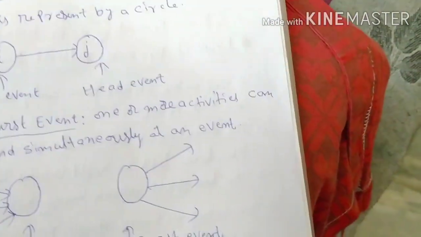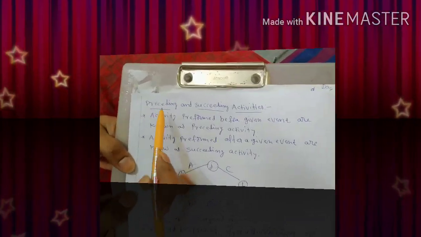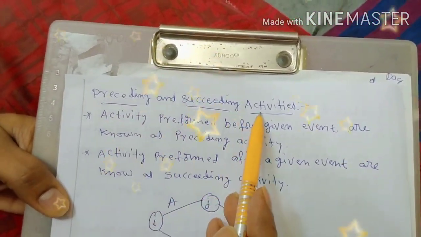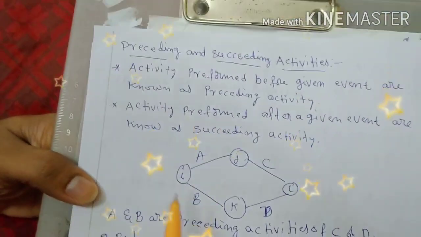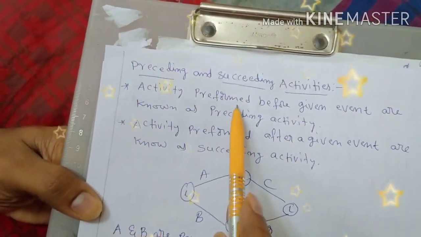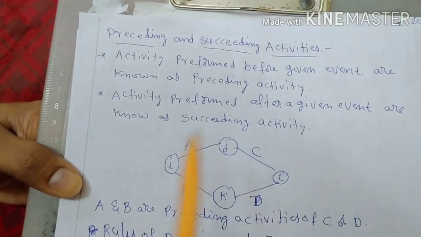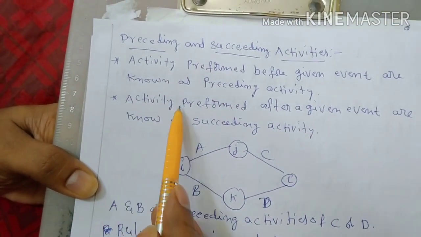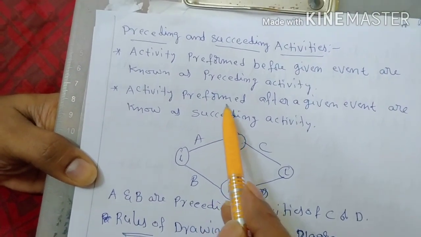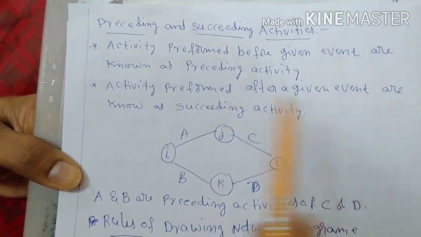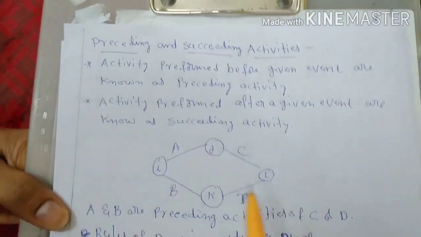That one we will see later. Next, preceding or succeeding activity. An activity performed before a given event is known as a preceding activity. An activity performed after a given event is known as a succeeding activity.